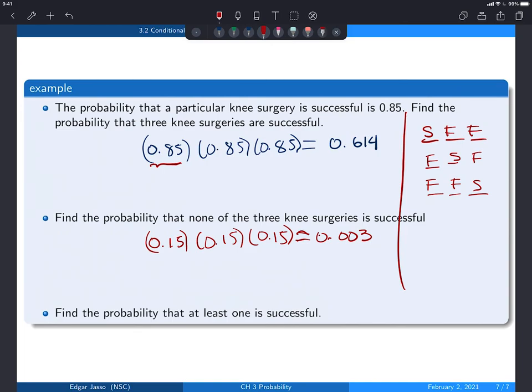But because it says at least one successful, it's going to be easy. I'm going to write it down: the probability of at least one success is the same as the complement, so 1 minus the probability of all failures.